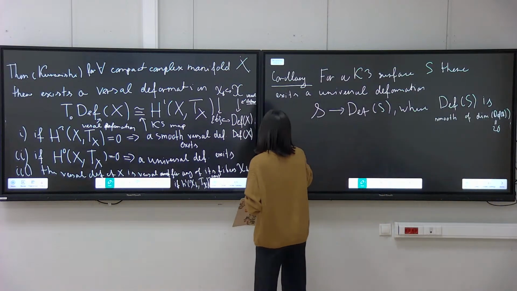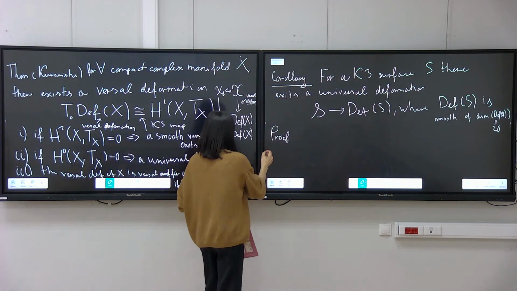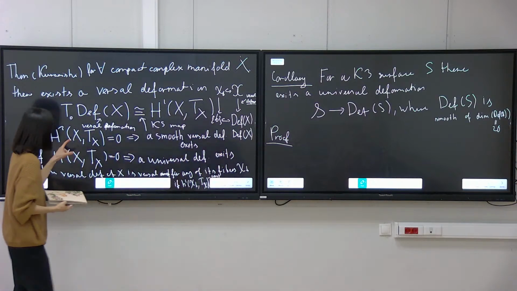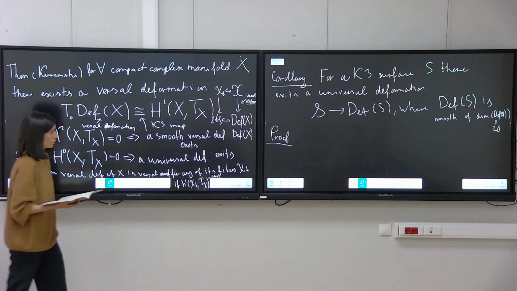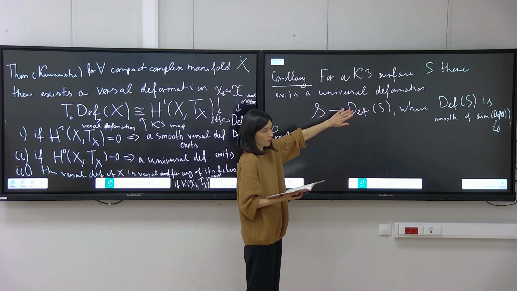Maybe I can leave it as an exercise, because using just Serre duality and the computations of Hodge numbers that we made before, we immediately obtain this.